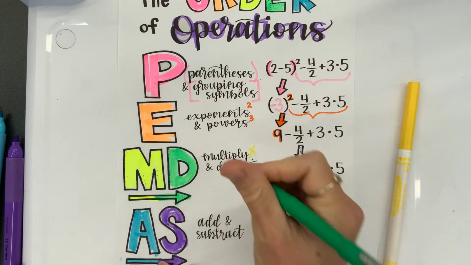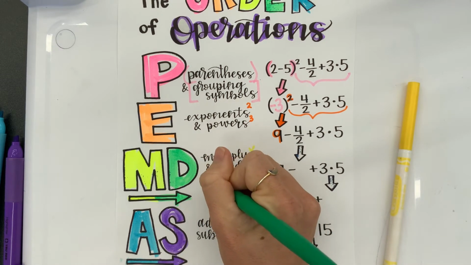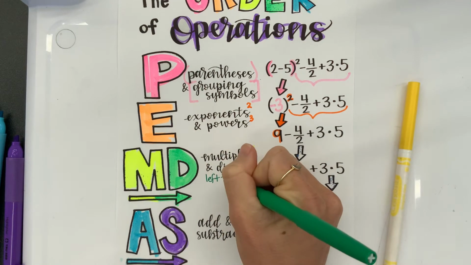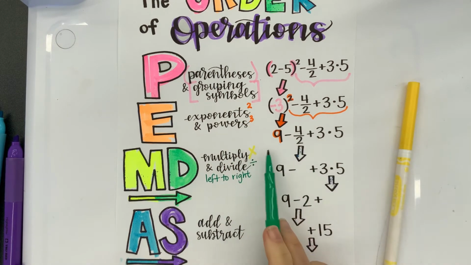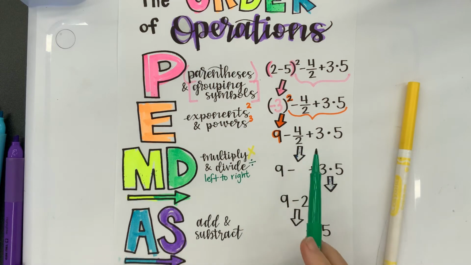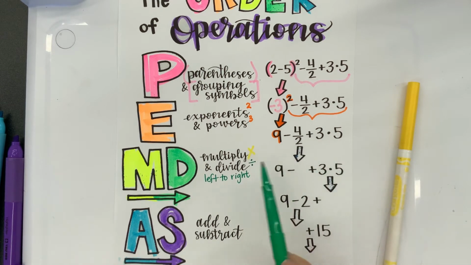Multiplication and division, you can think of it as one step, and you always go from left to right. Meaning you scan your expression and you look for all of the multiplication and division, and then you do them in order from left to right, despite the fact that sometimes division might actually come before multiplication.